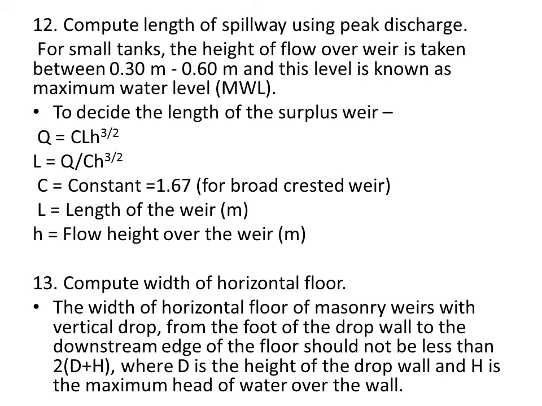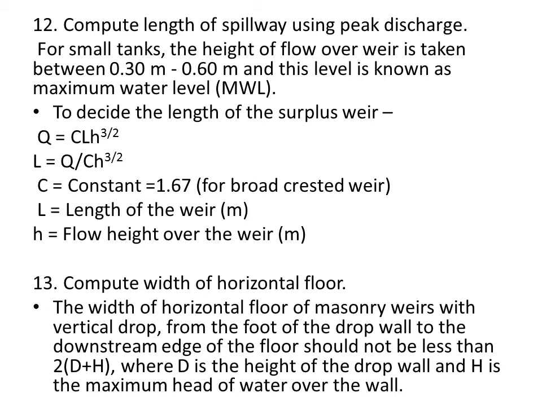Compute the width of the horizontal floor. The width of the horizontal floor of masonry weirs with vertical drop, from the foot of the drop wall to the downstream edge of the floor, should not be less than 2 into D plus H, where D is the height of the drop wall and H is the maximum head of water over the wall.